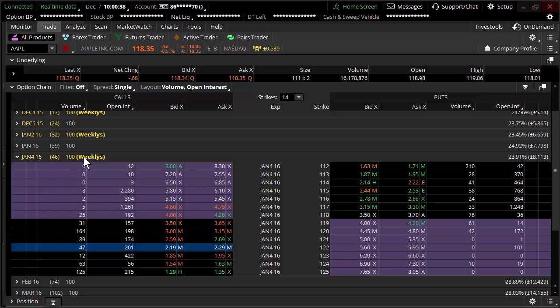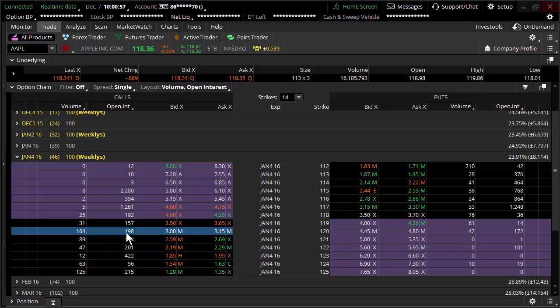Because maybe these weeklies didn't exist, for instance, last week, and they've just been added. So the open interest would be zero. There are no contracts that are quote unquote open. And if you think about it, an open contract has one buyer and one seller. And in this strike here, in the 120 calls, there's 198 contracts open right now.